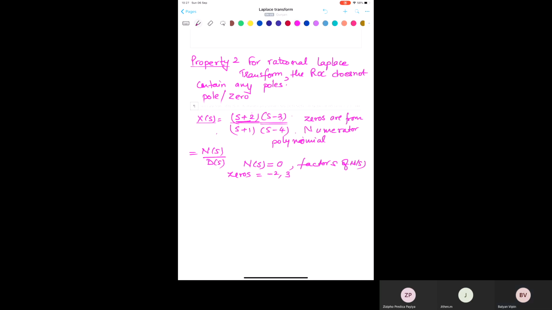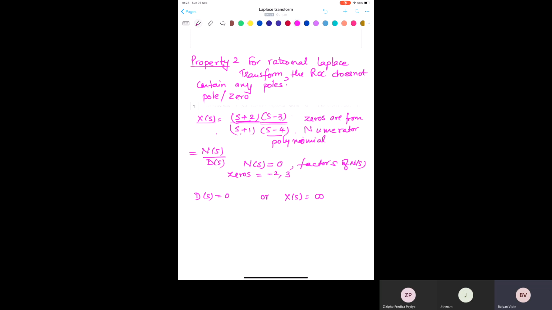Now if I say poles, poles are the values of s for which D of s is equal to 0, or you can say X of s becomes infinite. If s equals minus 1, the denominator will be 0, so 1 upon 0 is infinite. If I put s equals 4, this will be 0, so again 1 upon 0 is infinite.